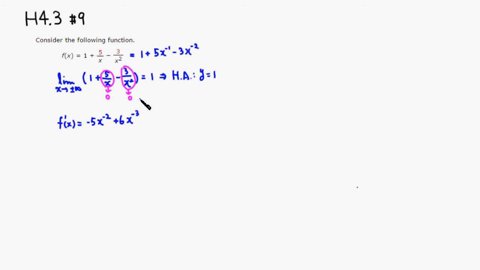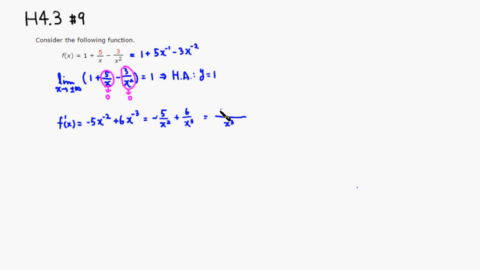Then, if you want, we can rewrite it as negative 5 over x squared plus 6 over x cubed. Then I'm going to take a common denominator, in this case x cubed.